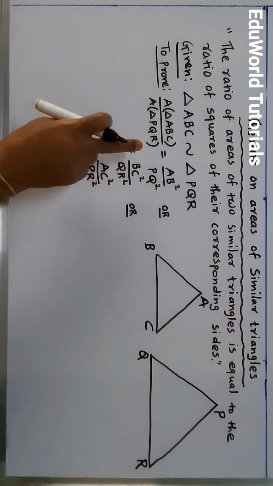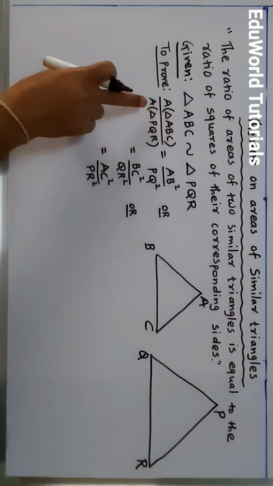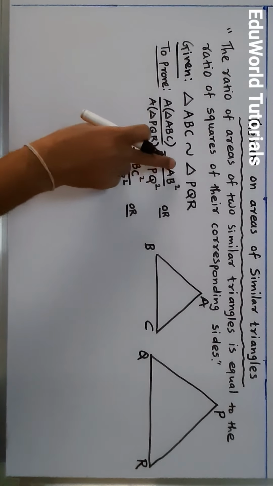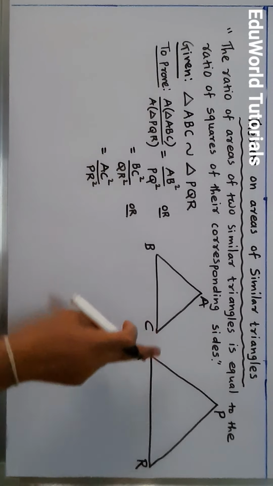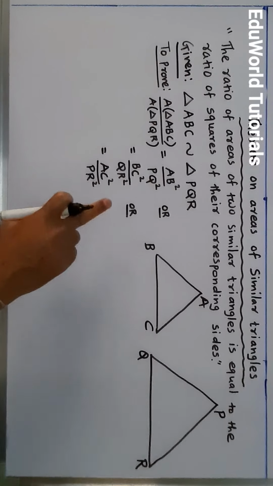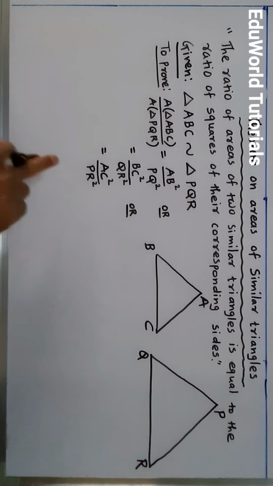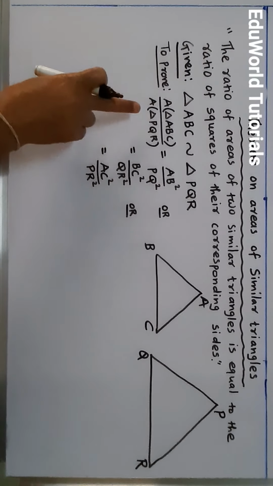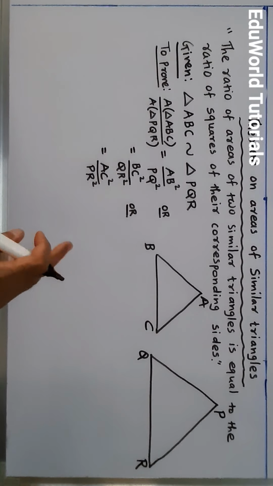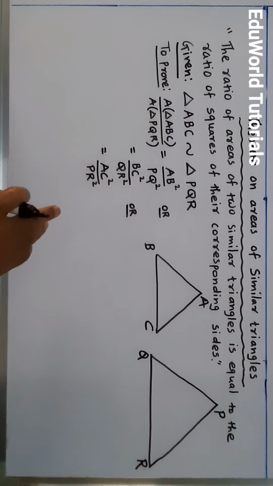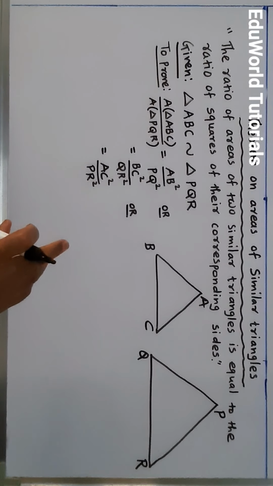Take any pair of corresponding sides. Area of triangle ABC upon area of triangle PQR is equal to AB square upon PQ square, or BC square upon QR square, or AC square upon PR square. So we will prove any one, and the rest can be proved in the similar manner. Now we need a construction.